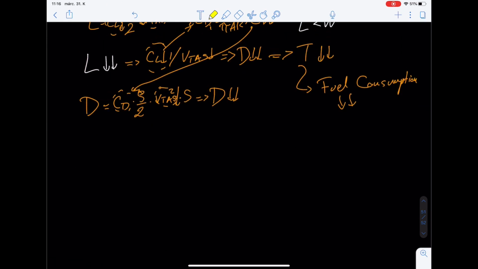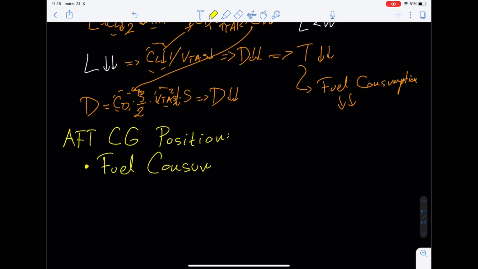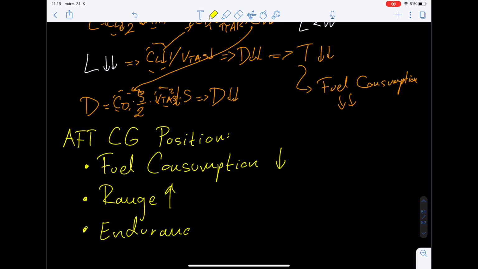So this would be the effect of an aft CG position. Aft CG position is that your fuel consumption is going to decrease, so therefore your range is going to increase, your endurance is going to increase, and these are the interesting parts for us.